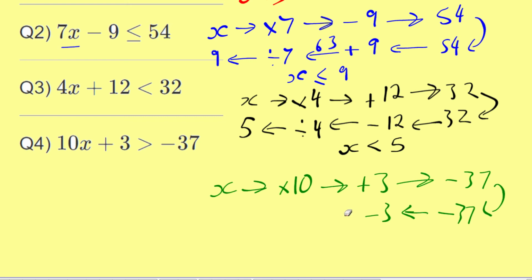Okay, but be careful on that, because that's going to become negative 40. Then we're going to divide by 10. So negative 40 divided by 10 is negative 4. Okay, so our final answer here, x is greater than negative 4.